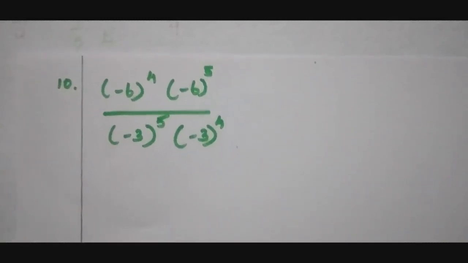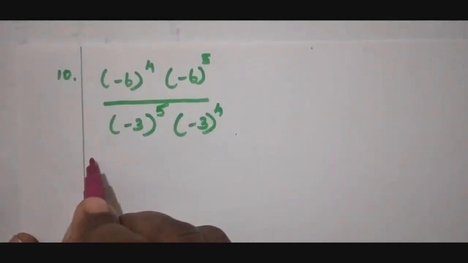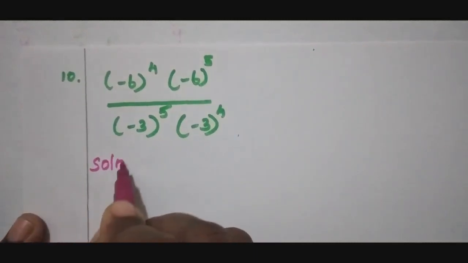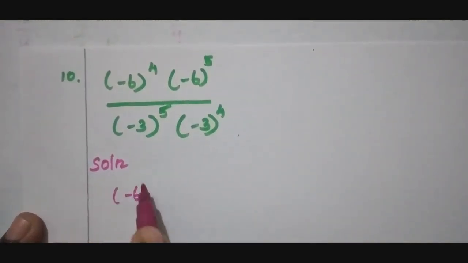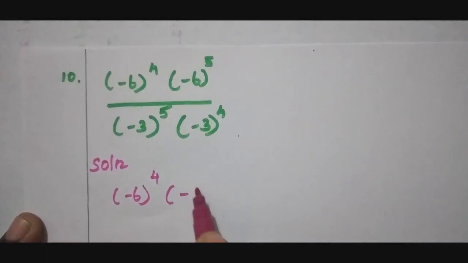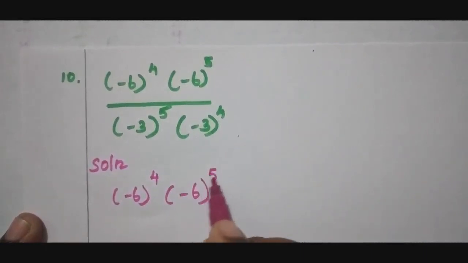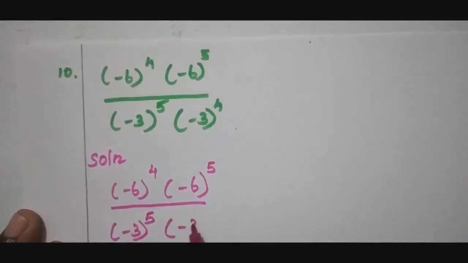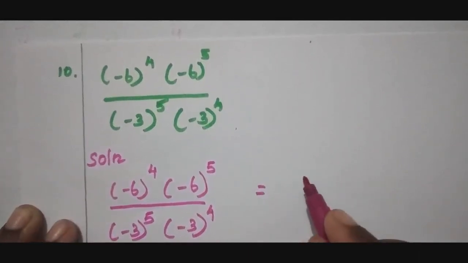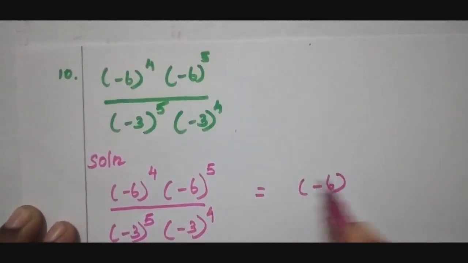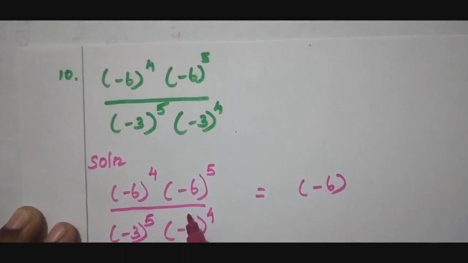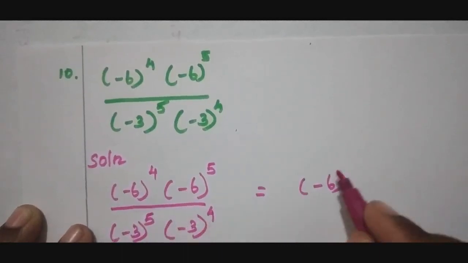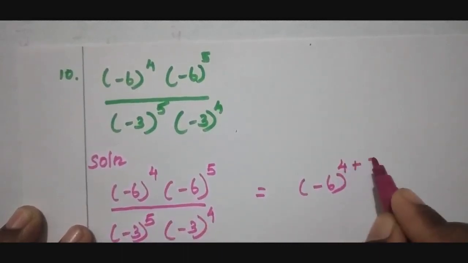Next one. Minus 6 the whole power 4 into minus 6 the whole power 5 divided by minus 3 the whole power 5 minus 3 the whole power 5. Here the base is minus 6 and these two numbers are in multiplication, so we can add the powers 4 plus 5.